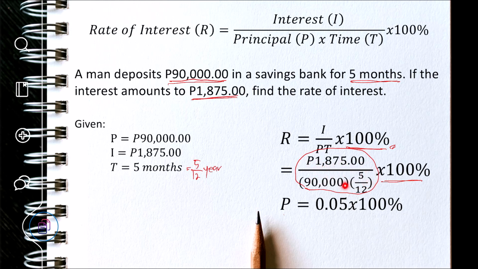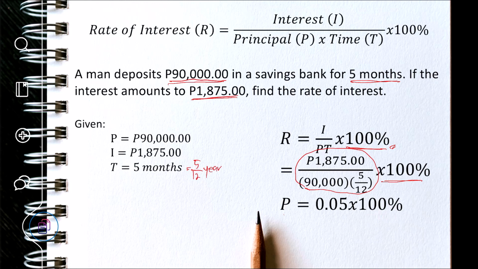1,875 all over 90,000 times 5 over 12 is 0.05. Ulitin ko po, kapag dinivide niyo po yung 1,875 sa multiplication ng nasa denominator, the answer is 0.05.